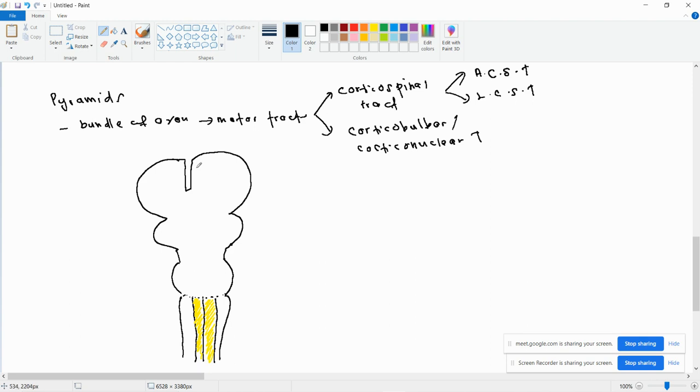This is a motor tract, so it must derive from your motor cortex, specifically your primary motor area. What you see here is the primary motor area. Is the primary motor area located at the pre or post central gyrus, class?